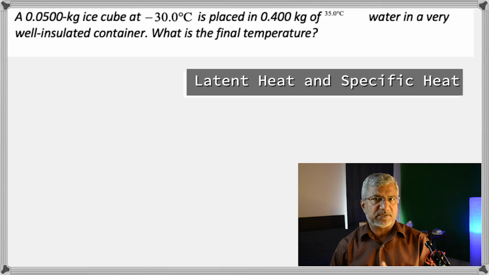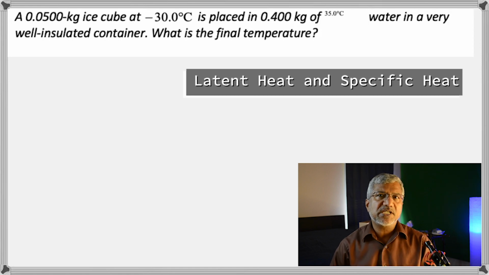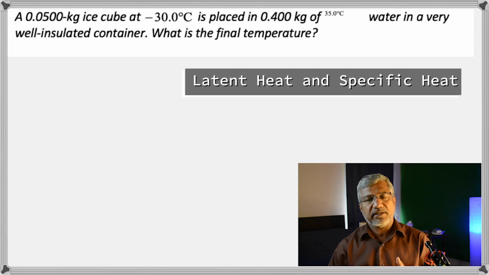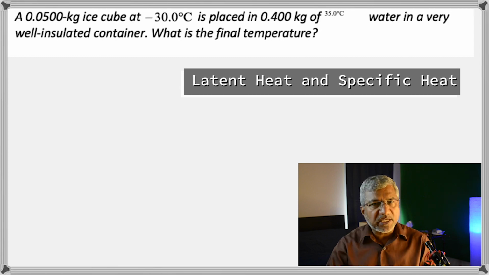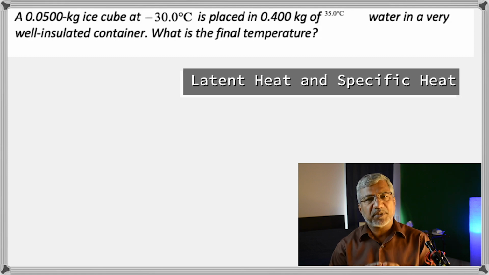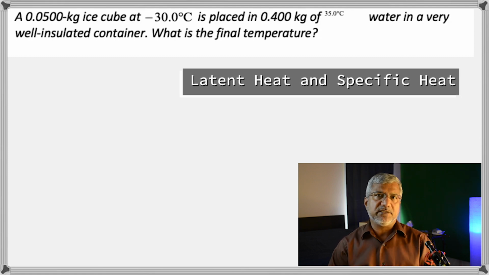So that's the first process, and that process is just heating of ice. Ice is not melting. And when you heat anything, the formula uses mass times specific heat times change in temperature. So we need the specific heat of ice, which will be provided.